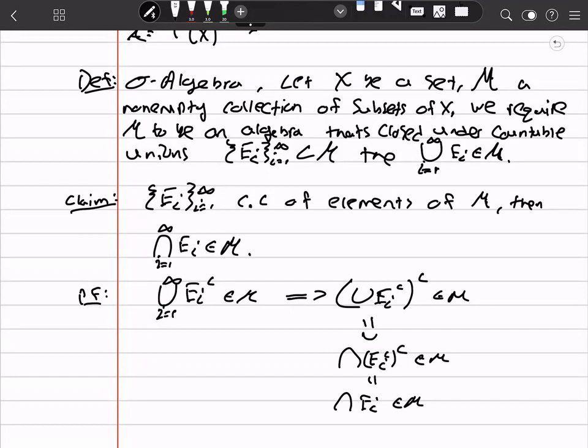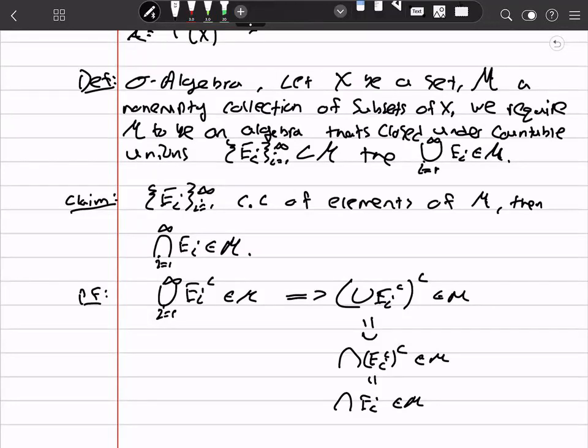Now, these sigma algebras are kind of unruly, and just like with a topology, we want something to describe our sigma algebras in a way that we can wrap our hands around a little bit.